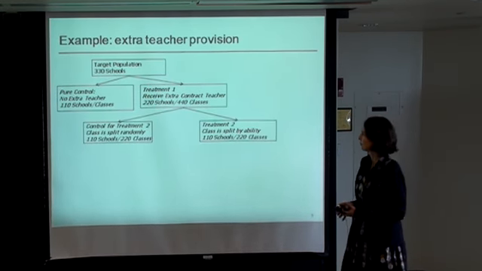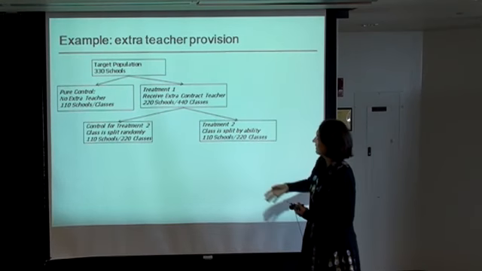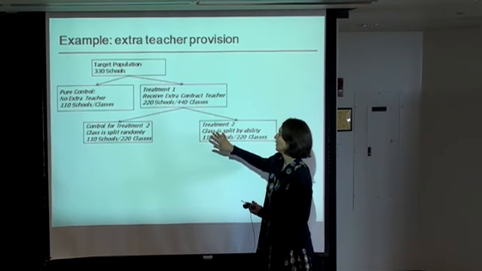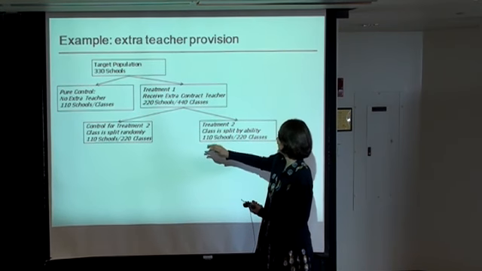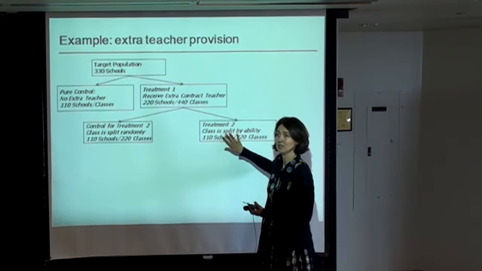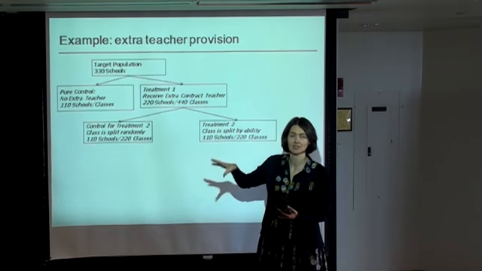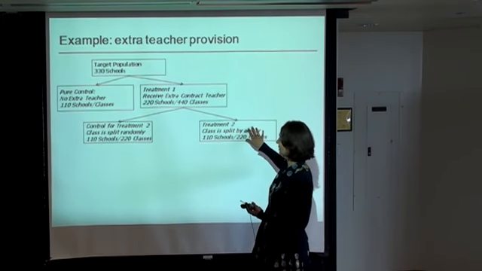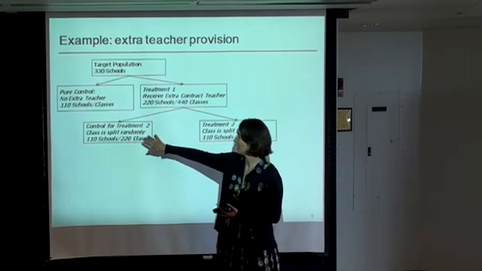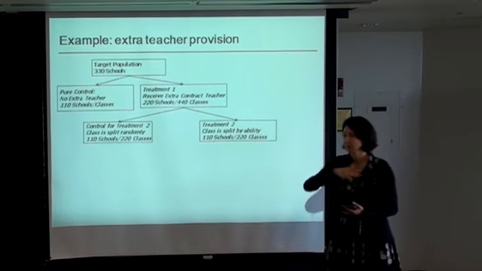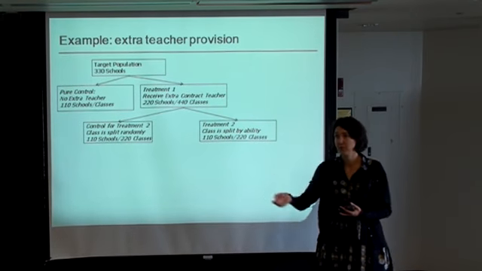Then you split it into those who are streamed, i.e. they are grouped by achievement when they're segregated into the different classes, versus those who are just randomly divided between classes.